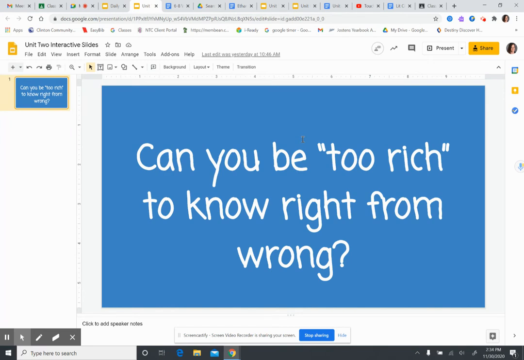So if you have a family member or sibling close by who's old enough to comprehend this type of question, the question is, can you be too rich to know right from wrong? So think about that. Can you be too rich to know right from wrong? I would pause and then discuss this with, like I said, a family member or someone, have a discussion with them.